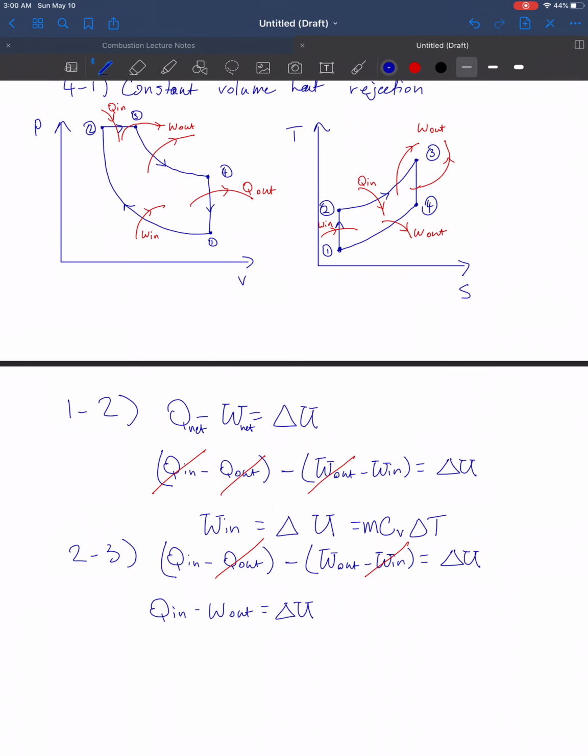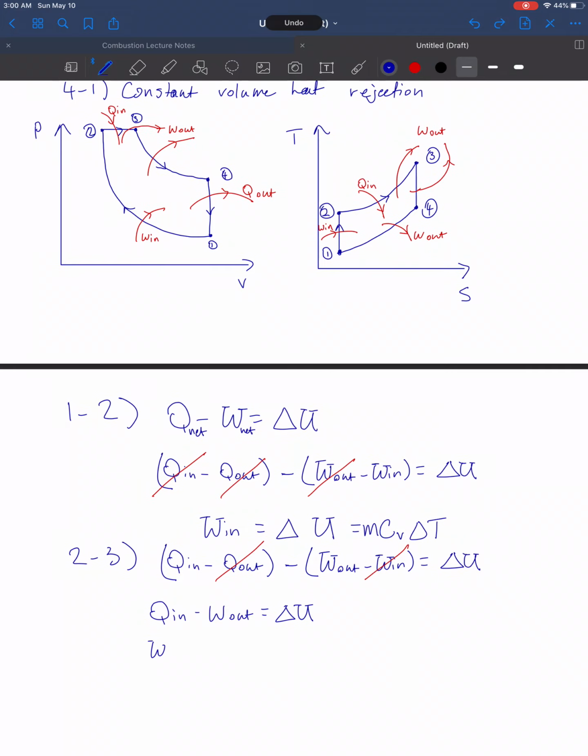You might see something like work 2 to 3 plus work 3 to 4 is going to be our total work out, right? Something like that. So let's say we're going to solve for our work out. Once you do all the algebra, work out is going to be equal to Q in minus delta U, right?